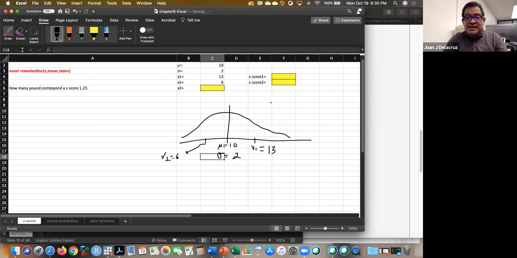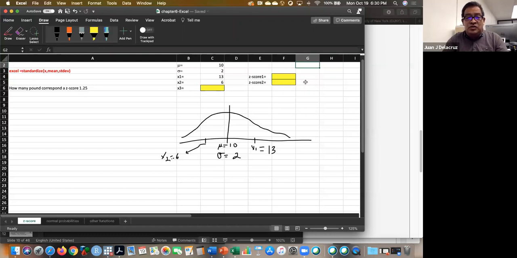In this case, I can compute those values. Remember, to compute these values, I put the formula here. It says STANDARDIZE. You have to say equal STANDARDIZE, open parentheses, you give the x, then the mean, and then the standard deviation.